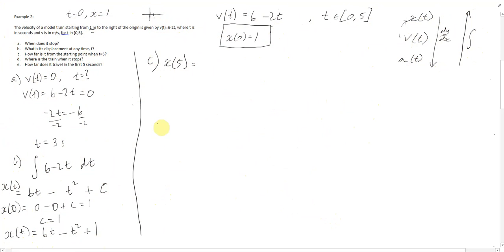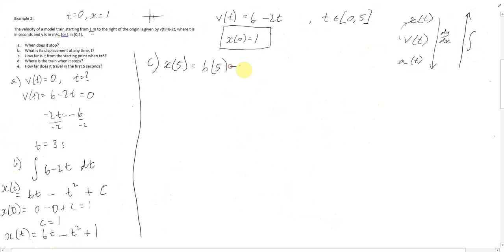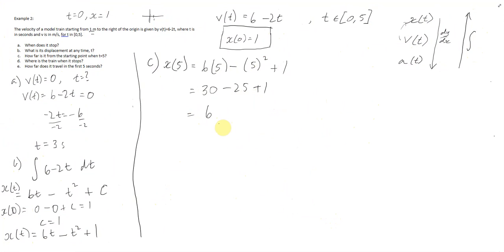It's going to be the same equation as before. 6, but time is 5. Minus 5 squared plus 1. 6 fives are 30. 5 squared, 25, plus 1. So you take 25 from 30 is 5, plus 1, 6. Now, here is one trick, however. So after 5 seconds, it is 6 meters from the origin. 6 meters from the origin.